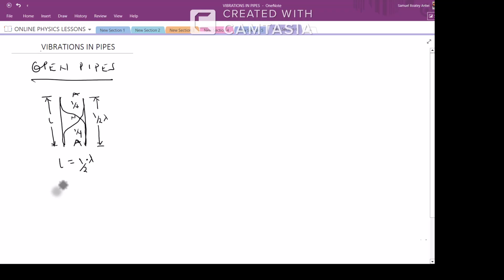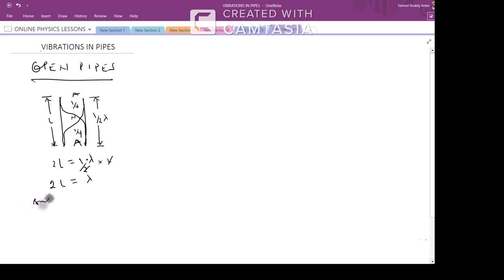Our equation can therefore be manipulated because we want to know the value of lambda. We multiply both sides by 2. This goes away. So you have 2L equals lambda.